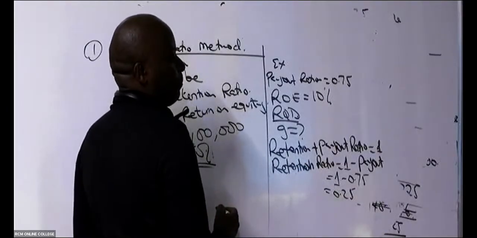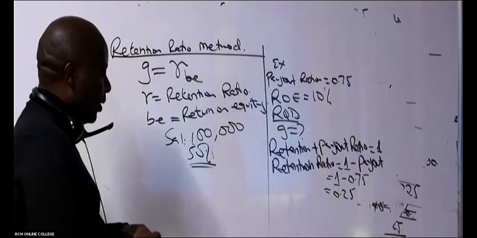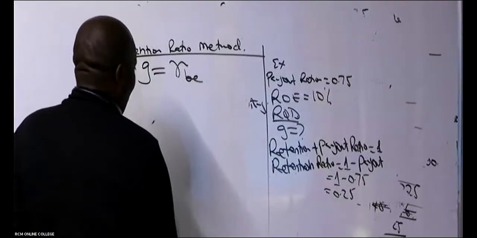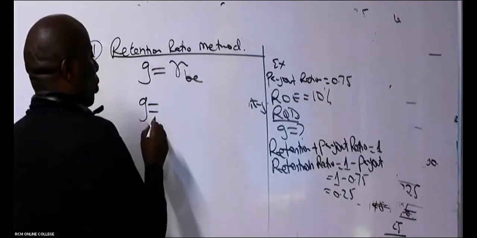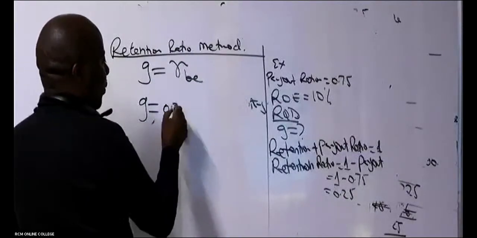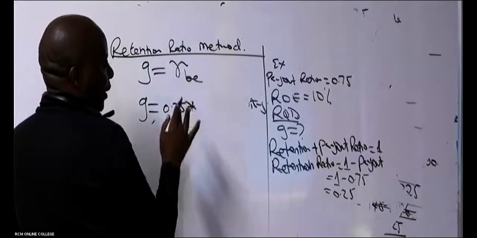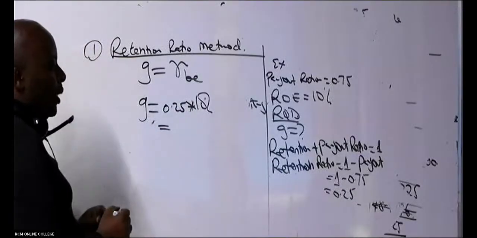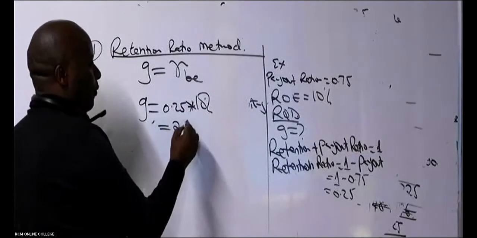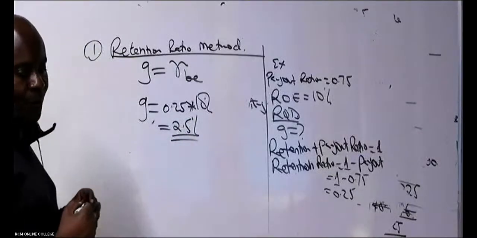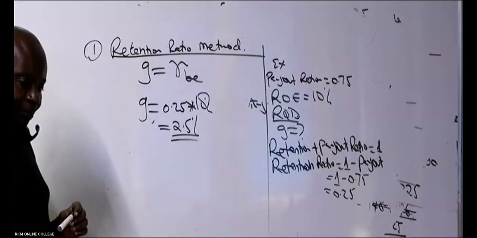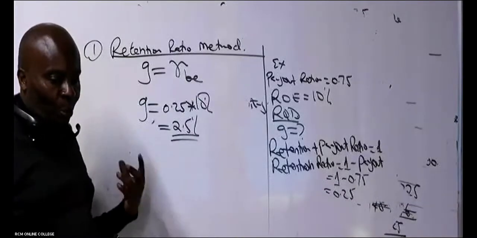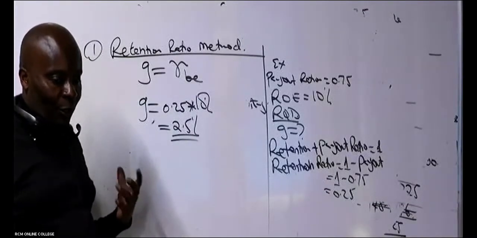Then you use the formula: growth rate equals retention, 0.25, multiplied by return on equity, which is 10%. Can somebody confirm this gives us 2.5%? You can say 0.25 times 0.1, times 100, it ends up giving us 2.5%.